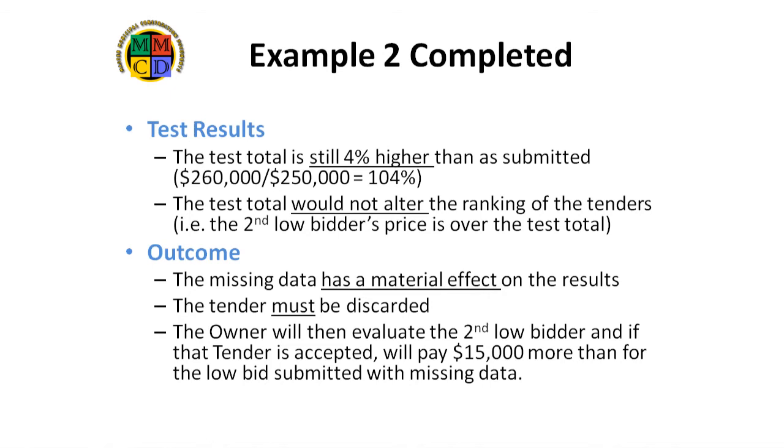So the tender must be discarded. The owner will then evaluate the second low bid, and if that tender is accepted, the owner will pay $15,000 more than it would have for the low bid submitted with the missing data if it had been possible to accept that tender.